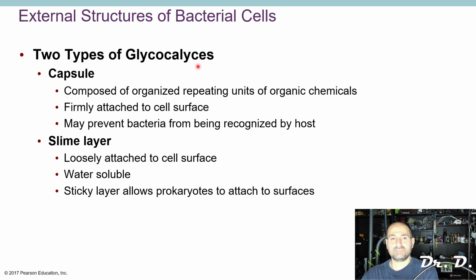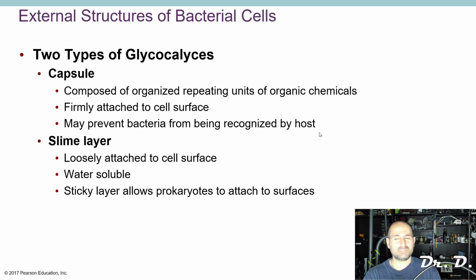Remember the glycocalyces? We said some bacteria have a glycocalyx. You can either have a capsule or a slime layer. This is part of the cell envelope. The capsule is usually firmly attached to the cell surface, and it can be used to prevent the bacteria from being recognized by the host. So imagine you get a bacterial infection, and this particular bacteria that infected your body is surrounded by this gooey stuff, right?